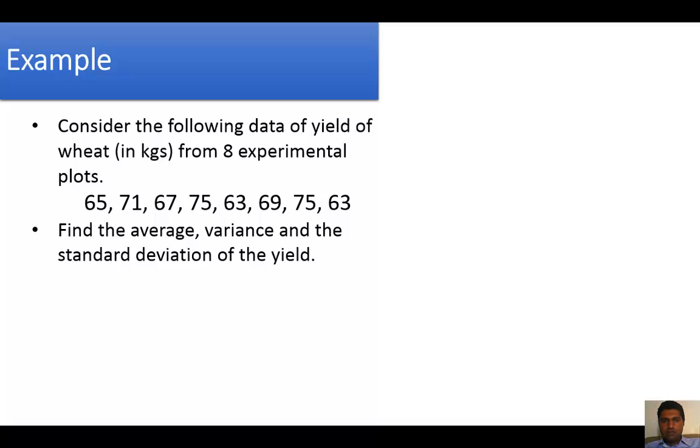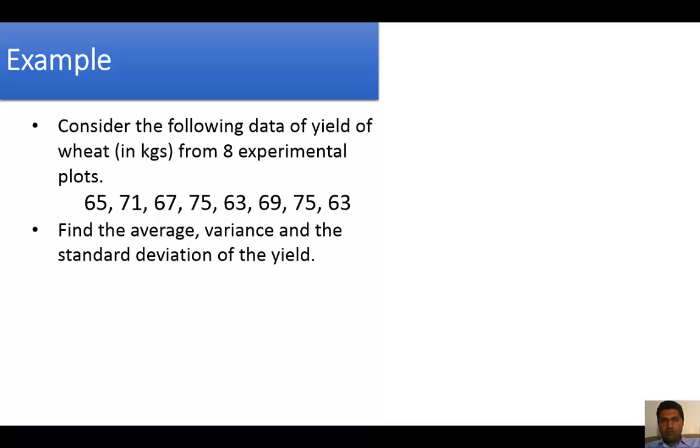And this is the example in which you will calculate the variance and the standard deviation. Consider the data of yield of wheat in kilograms from 8 experimental plots as under. Your task is to calculate the variance and the standard deviation.